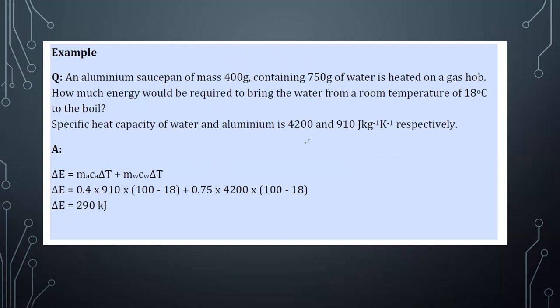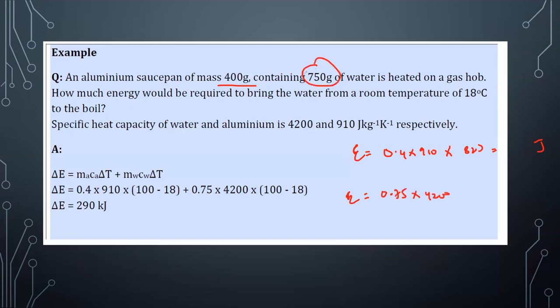So first we'll find how much energy is absorbed by the water and then by aluminium, or it can be the other way around. To know the energy absorbed by the aluminium, the mass of aluminium, that is 400 gram, which is 0.4 kilogram, multiplied by 910, the specific heat, and multiplied by the temperature change, that is 82. We multiply, we'll get the energy in joules. Same way for water, this will be 0.75 multiplied by 4200.